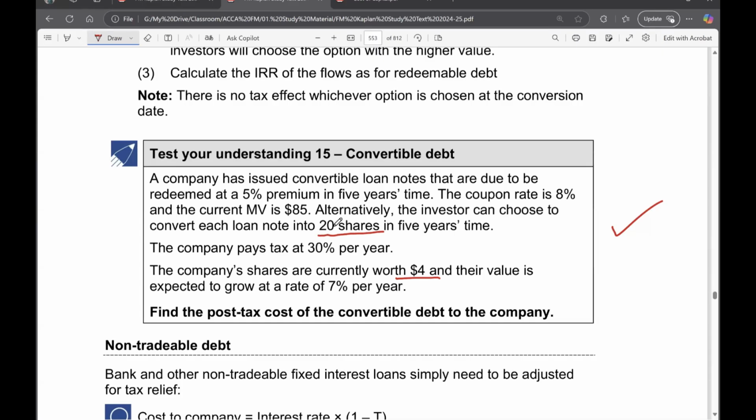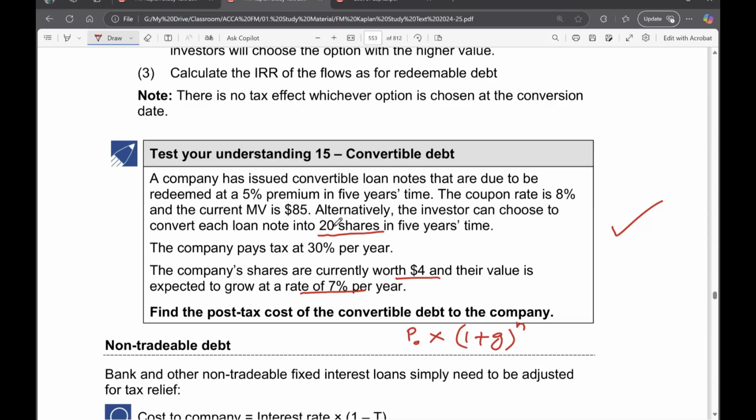Look, he mentioned their value is expected to grow at a rate of 7% per year. Right? So a simple formula we have to use. The current price of the share is given, multiply with 1 plus g raised to the power n to find the value after n years. N means number of periods. So how many years after do we want to find?